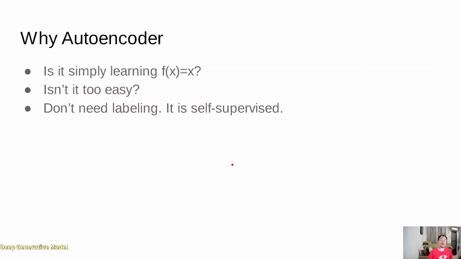Okay, so why would we even need an autoencoder? Perhaps some of you have a question, because it seems obvious or trivial to train such a model.